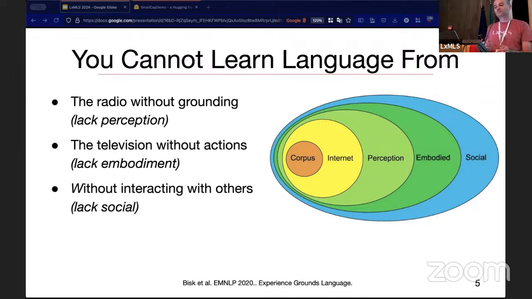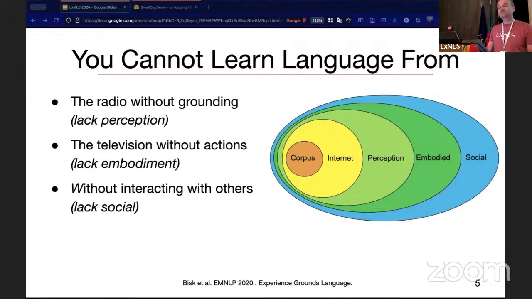But they argue that you cannot learn language from the radio without grounding because you lack perception. And you also cannot learn language from television without actions because you lack an embodiment. You're merely observing the world instead of taking decisions and actions within it. And finally, you also cannot really learn language without interacting with other people because you're missing a social dynamic.